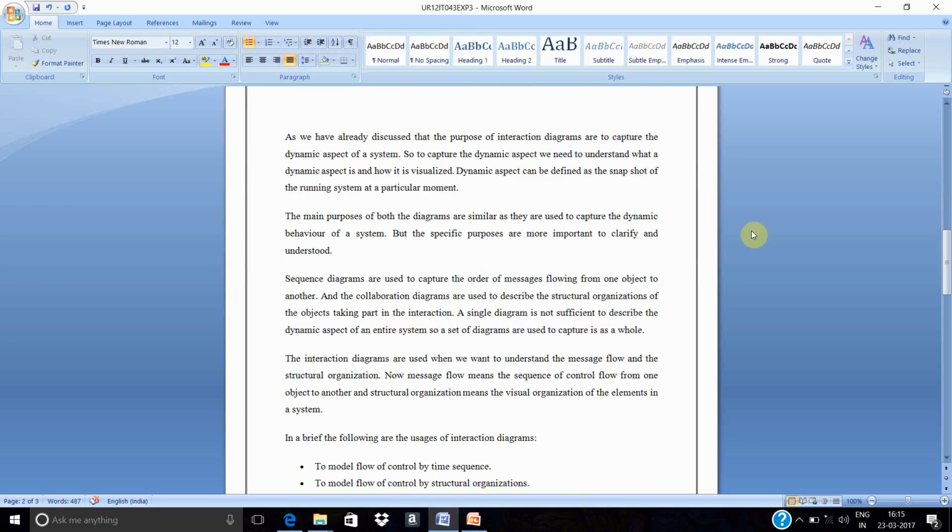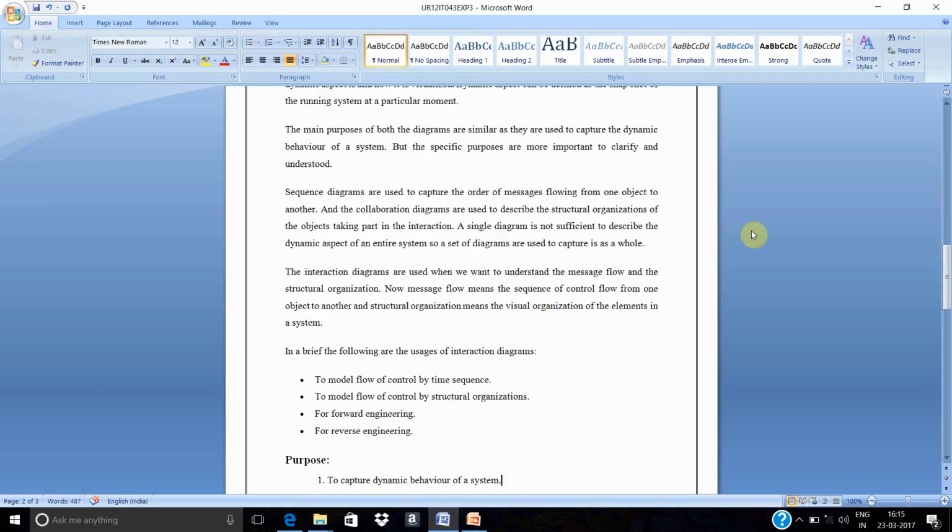Sequence diagrams are used to capture the order of messages flowing from one object to another, and collaboration diagrams are used to describe the structural organization of the objects taking part in the interaction. A single diagram is not sufficient to describe the dynamic aspects of the entire system, so a set of diagrams is used to capture it as a whole.